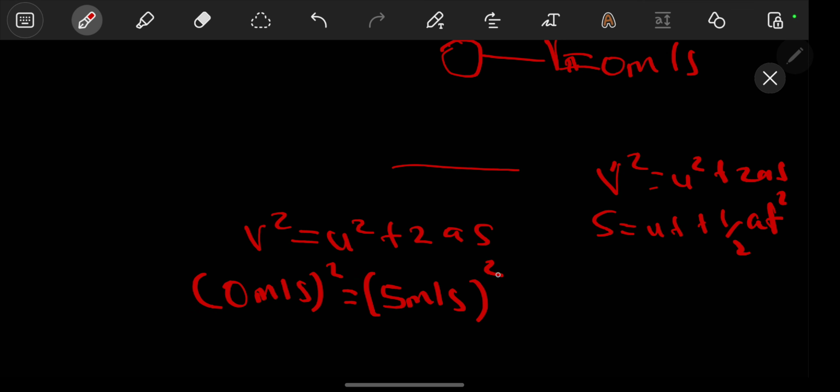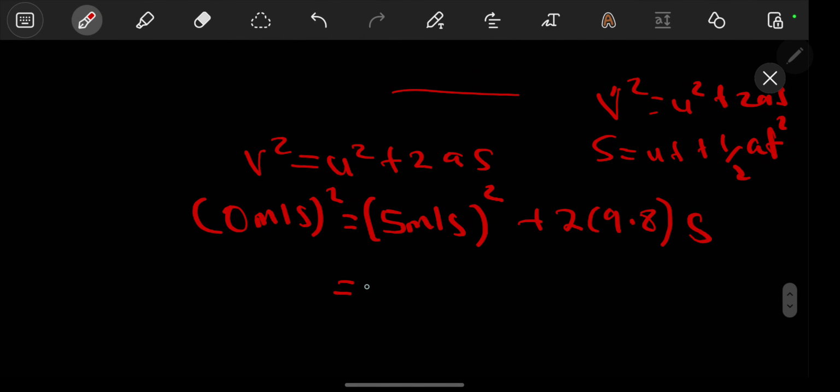We square this, then we have plus 2, then our a is equal to 9.8, then we have our s. Then 5 squared will give us 25. Our gravity is negative, so we are going to say minus 19.6 s.